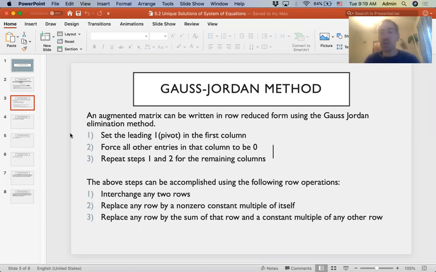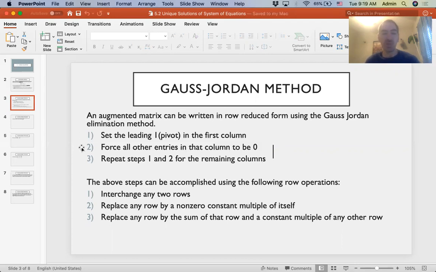There are 2 steps, and we're going to repeat those steps for each column. When we're writing our matrix in row-reduced form, we work in columns, from left to right, starting with the first column. Number 1, we want to set the leading 1, that's called our pivot, in the first column.